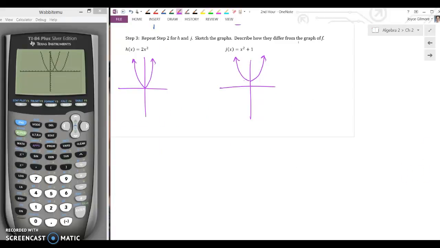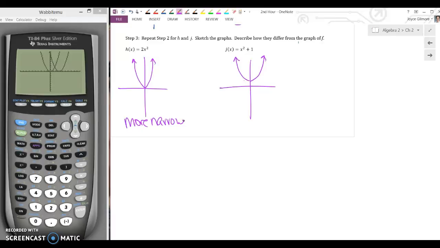All right, the h function. 2 times x squared. What did you notice about that graph compared to the original graph? It was thinner or more narrow. Are you noticing that what you're seeing is very similar to when we did absolute value.